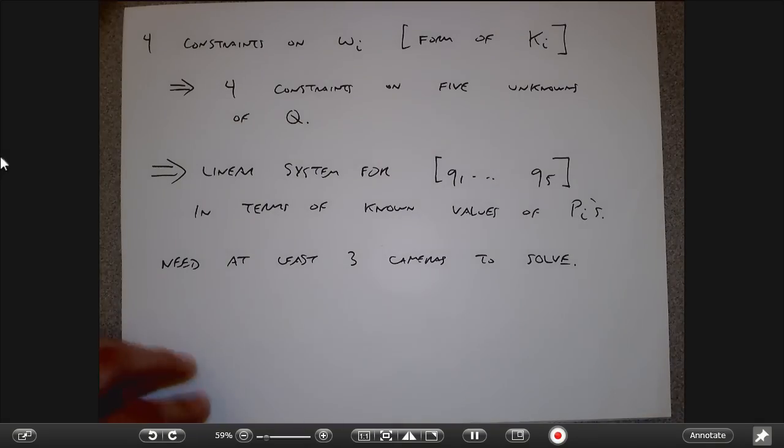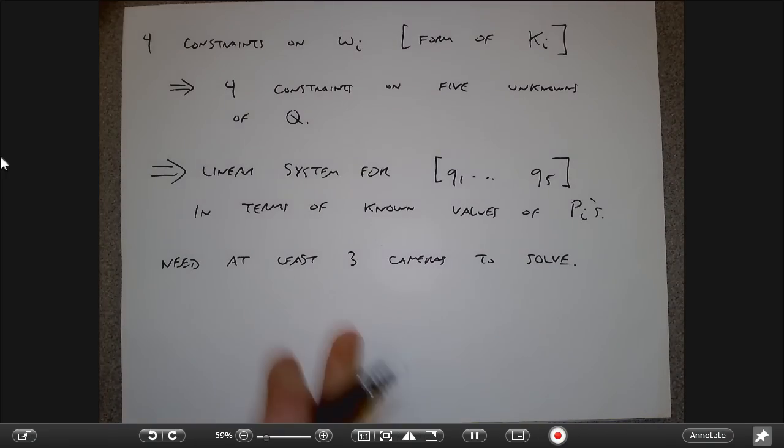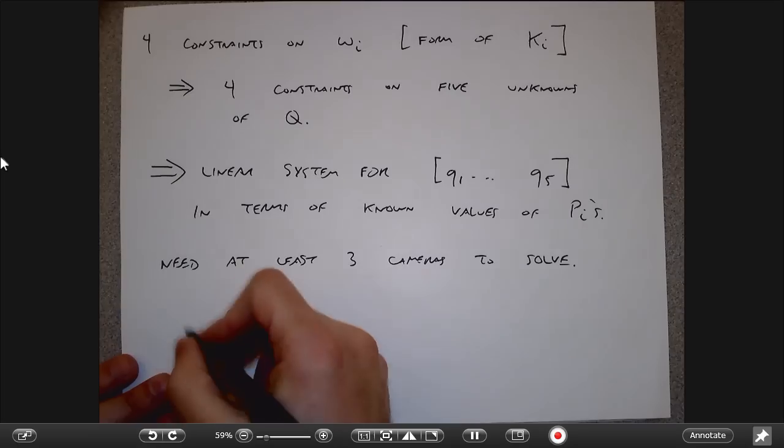And again, as with all these things, the more cameras I have, the better I can do with a least squares solution. And the process of obtaining this is kind of similar to, for example, how we estimated the fundamental matrix, where we have this direct linear transform, where we form up this linear system, we solve it, and then we put on some more constraints that we know need to happen. And so basically, then I work my way backwards.